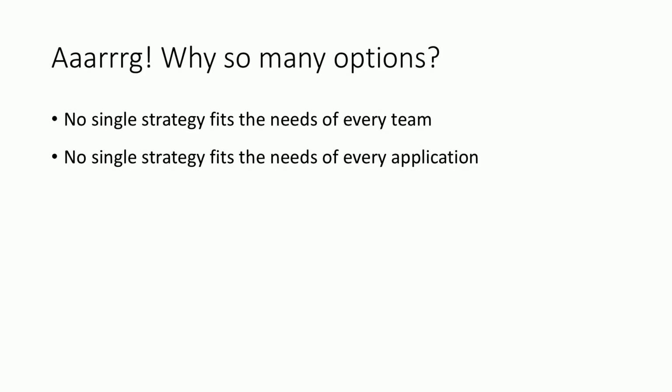It's a matter of what annoyances am I willing to live with, and what am I not willing to live without. And no single strategy fits the needs of every application. What might make sense for a small application that may not undergo a long life cycle may not make sense for an application that's going to be of a broader scope and undergo a lot of maintenance cycles.